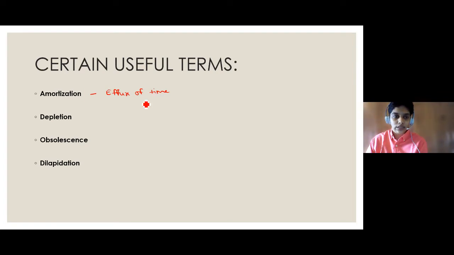So assets which are there for a particular period, assets which have a life of their own, such assets, whenever we reduce their value, we don't say we are depreciating them, we say that we are amortizing them, or we are charging amortization.